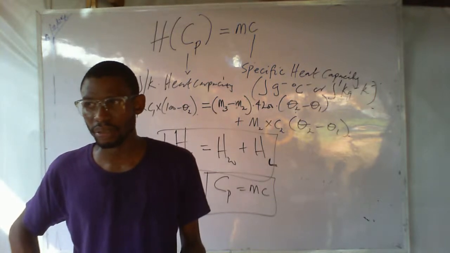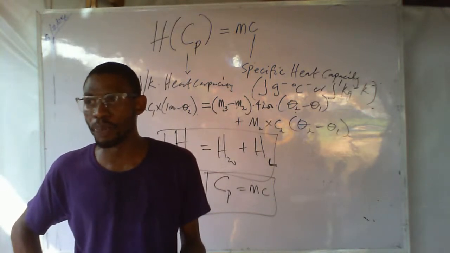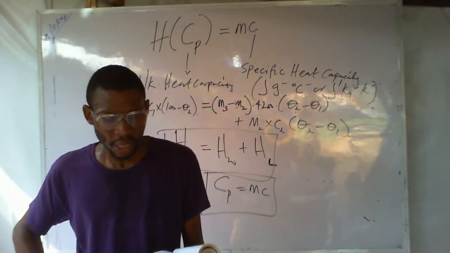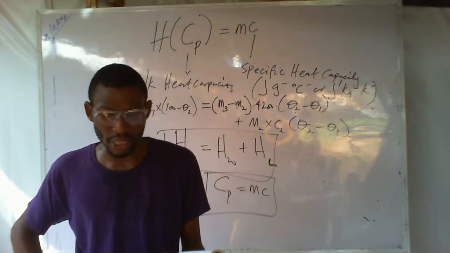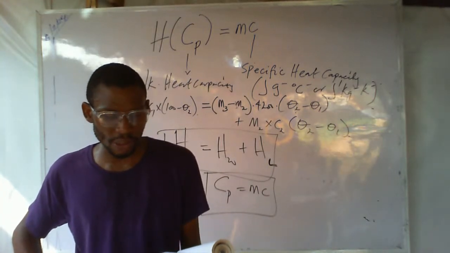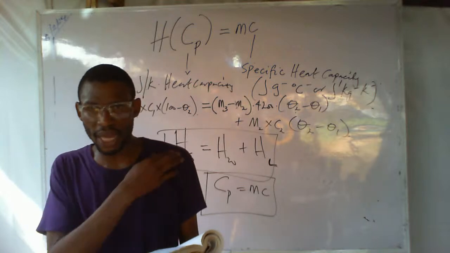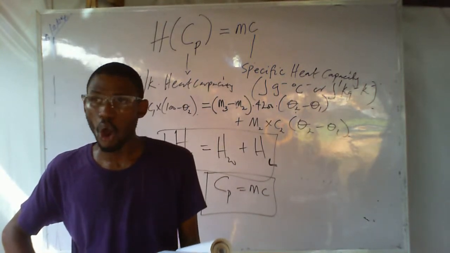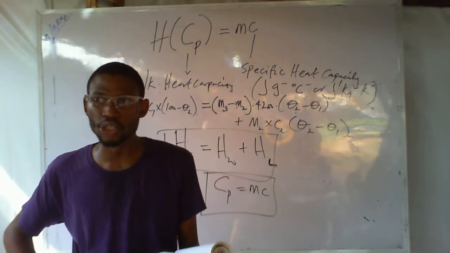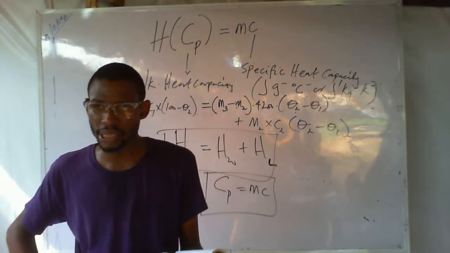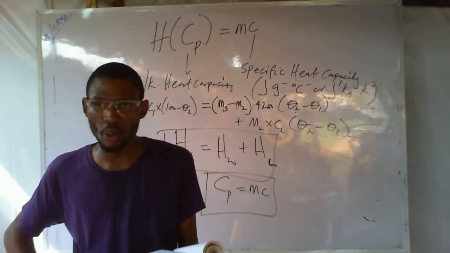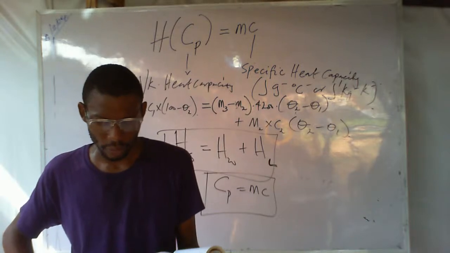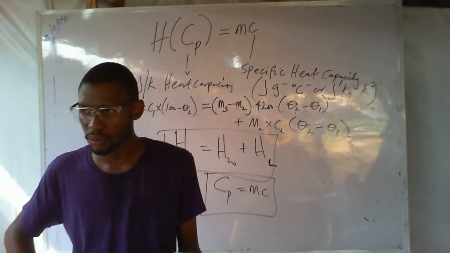I'll take it again, and I want you to please pay attention and stop talking. A metal of mass 0.5 kg is heated to 100 degrees Celsius and then transferred to a well-lagged calorimeter of capacity 80 joule per Kelvin, containing water of capacity 420 joule per Kelvin at 15 degrees Celsius.